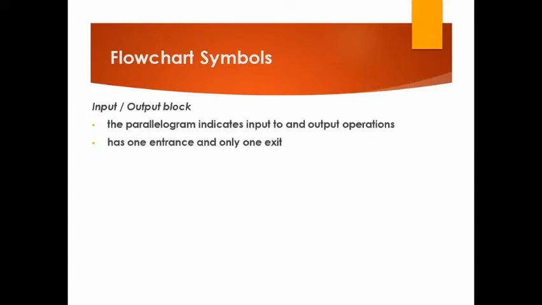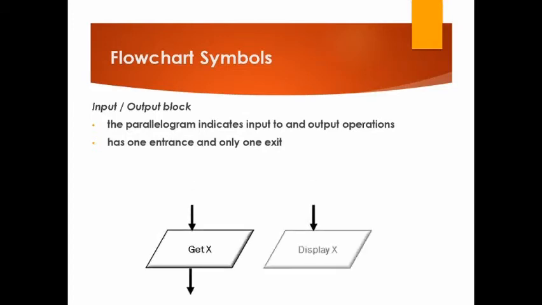Next one, input and output block. Don't forget about this, because again, in your flowchart, there should be an input coming from the user and there should be an output. One of the guides to have a good algorithm is to have an output.